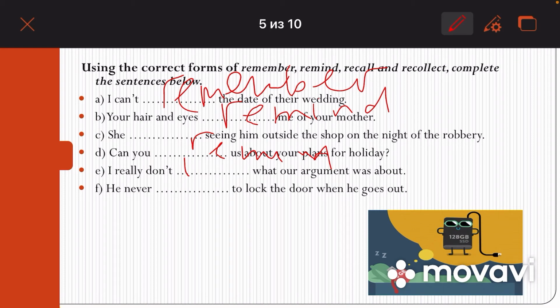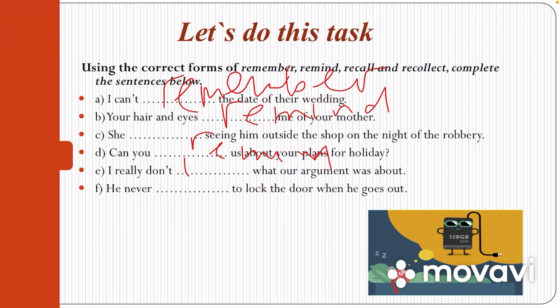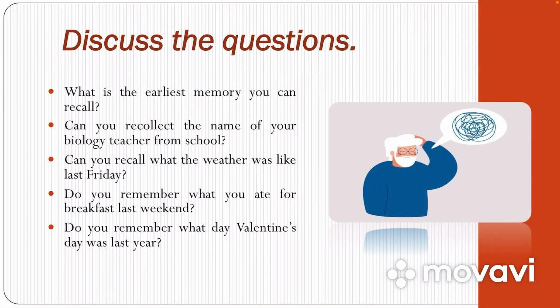Also, we can use remember or recall what our argument was about. He never remembers to lock the door when he goes out. Okay, that's good. And let's discuss the questions.